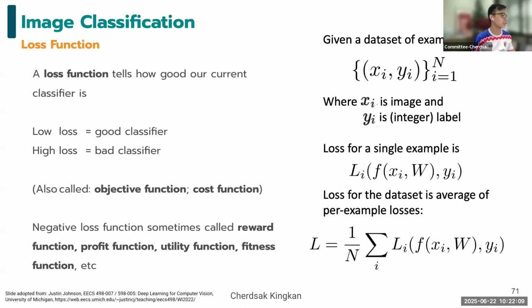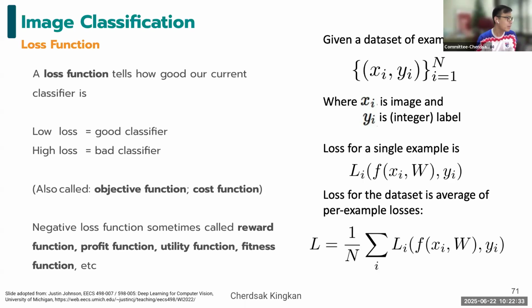So what is the responsibility of the loss function? The loss function tells us how good our model currently is. A low loss means our model is good. A high loss means it's bad.